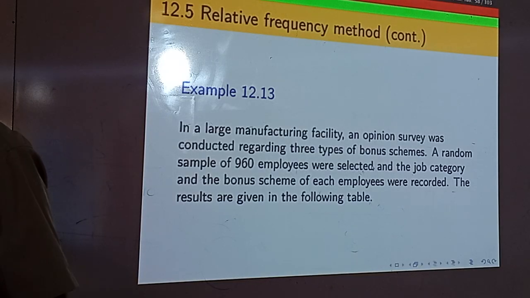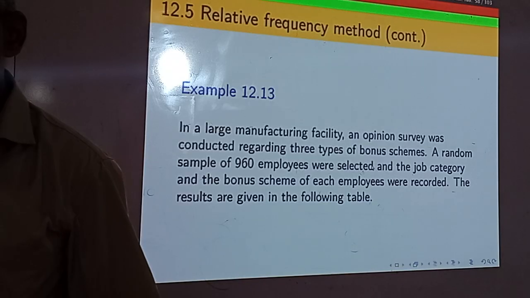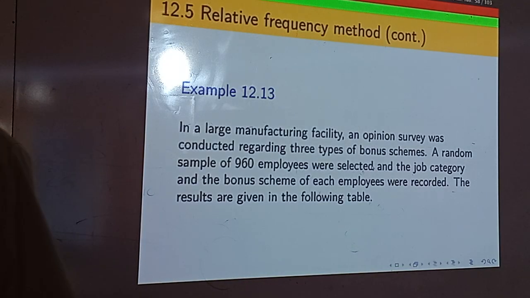And similarly, a quite similar problem. In a large manufacturing facility, an opinion survey was conducted regarding 3 types of bonus schemes. A random sample of 960 employees was selected, and the job category and the bonus scheme of the employees were recorded.